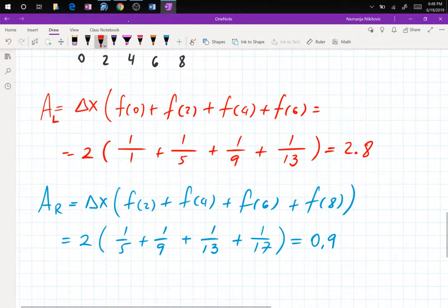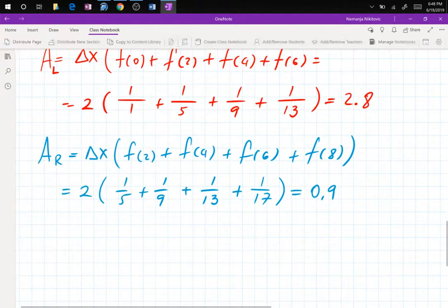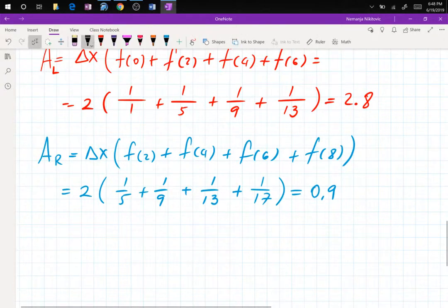Area for left rectangle points and area for right points. So now that means that the area you are looking for is in between 0.9 and 2.8. Since we were talking about velocity in this problem, what you're calculating is displacement, how far you went.